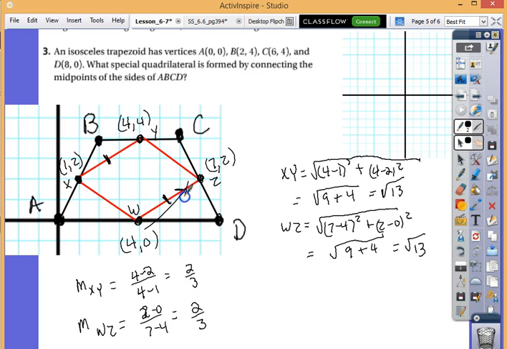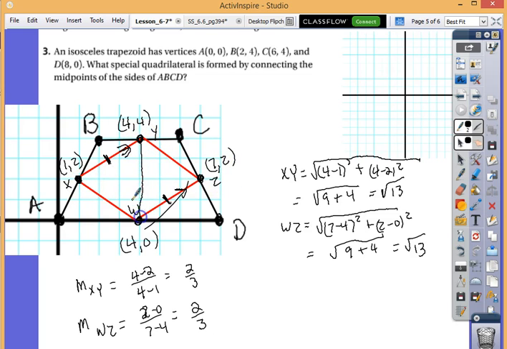So these lines are also parallel. So if something is both parallel and congruent, that makes it a what? What kind of figure has one pair of sides both parallel and congruent? Parallelogram.